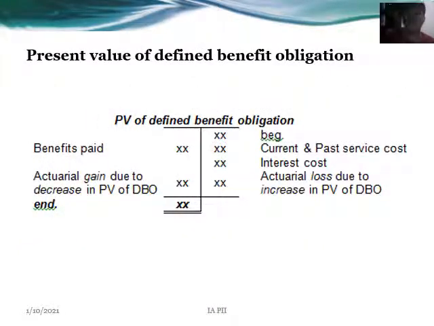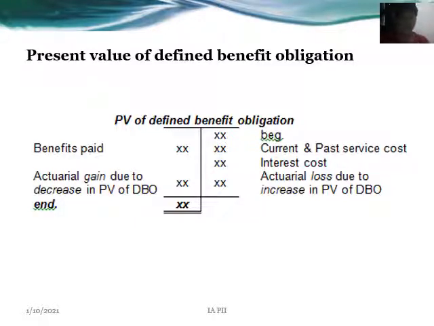Illustration on how to compute the balance at the end of a present value of defined benefit obligation. So, present value of defined benefit obligation siya, kaya liability. So, ang beginning balance niya ay nasa credit. Correct? Yes.